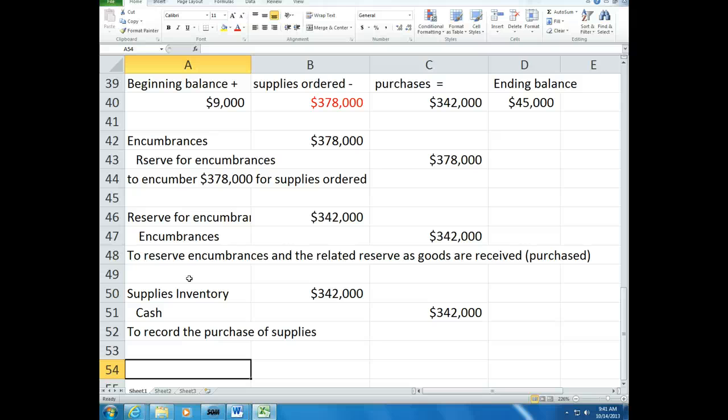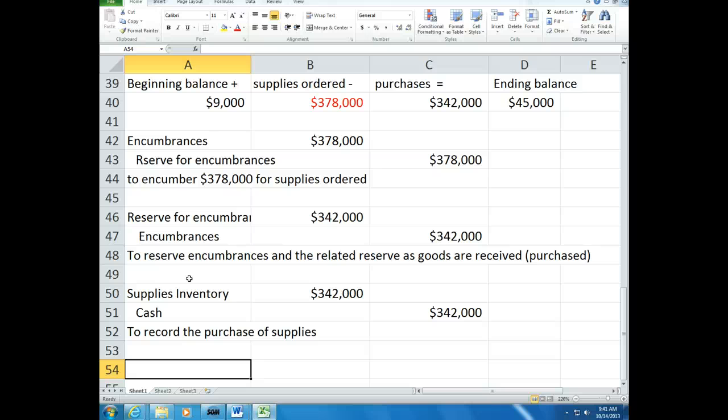But how many did we use up? You would take the 342,000 minus the 378,000, right? Well, if one is the encumbrances, we ordered 342. Didn't we only consume 315? You see how it shows expenditures of 315? Does that make sense?